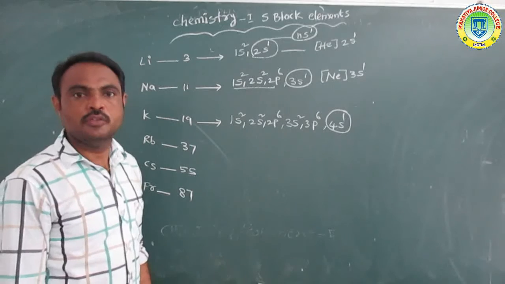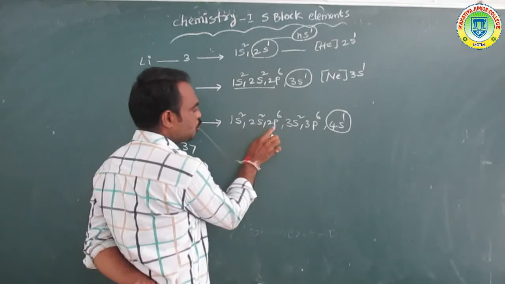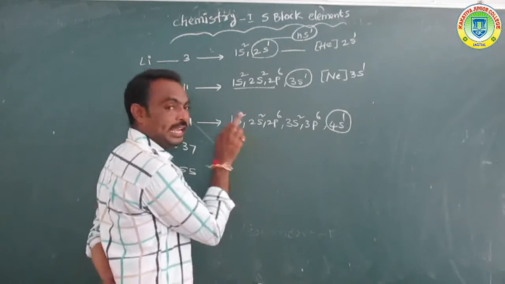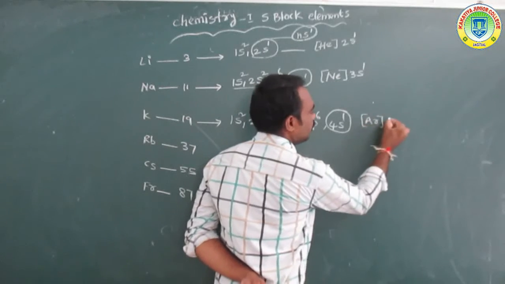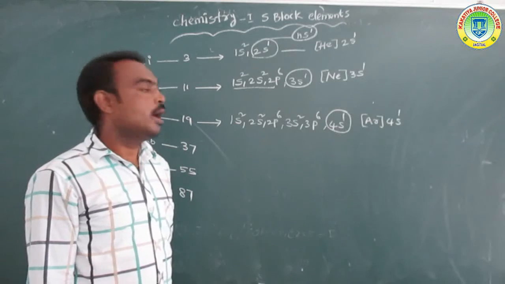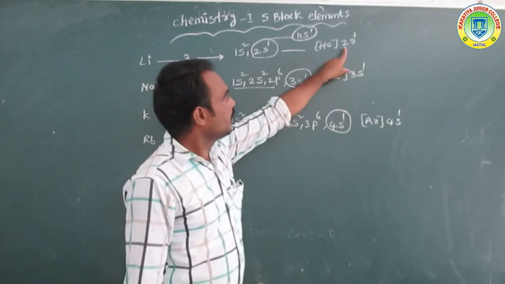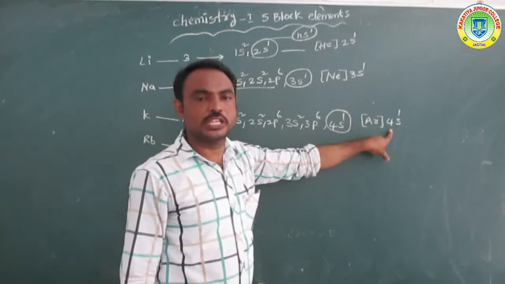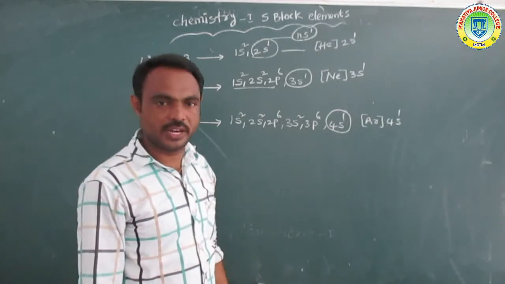Overall 1s2 2s2 2p6 is 10, 3s2 3p6 is 8, total 18. So 18 electrons is argon, and we write [Ar] 4s1. It ends with 2s1, 3s1, 4s1, just like ns1.